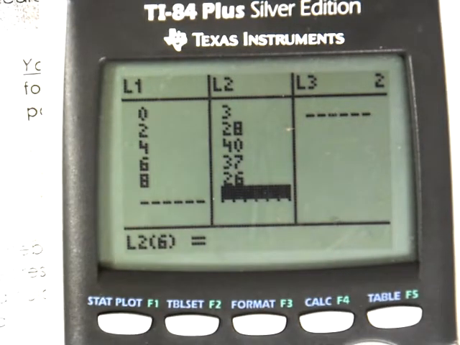So those are the points, and we can actually make them graph in your window, and it's kind of fun and so forth. We're going to try to find the equation that goes through those.